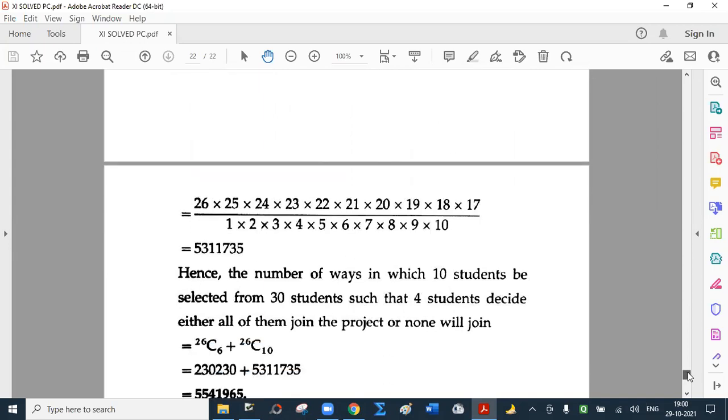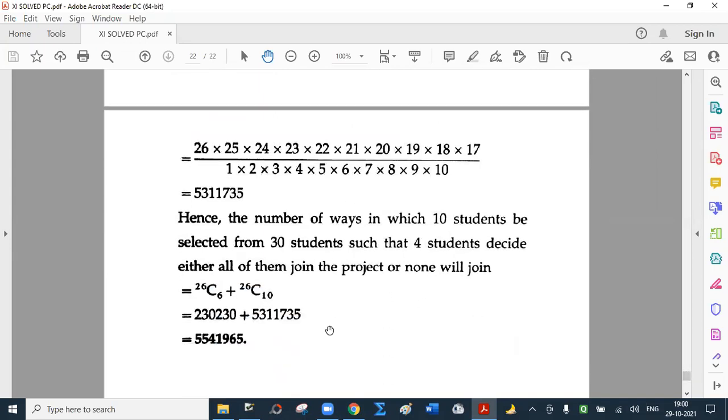It is addition of these two. So this is the answer. 55 lakhs 41,965. I think in exam you can say 26 factorial upon 6 factorial into 20 factorial plus 26 factorial upon 10 factorial into 16 factorial.